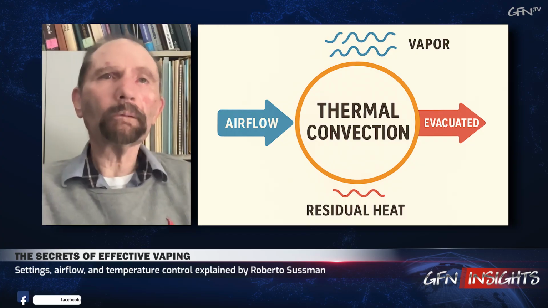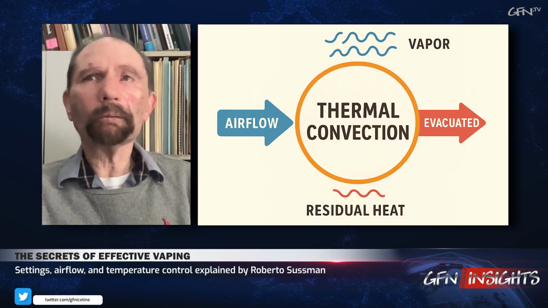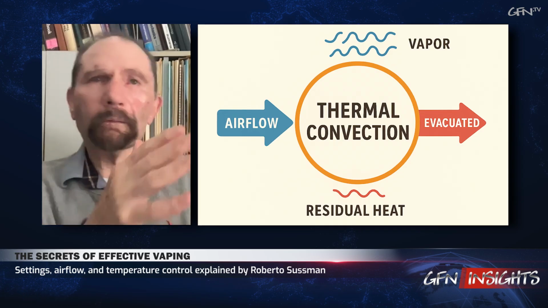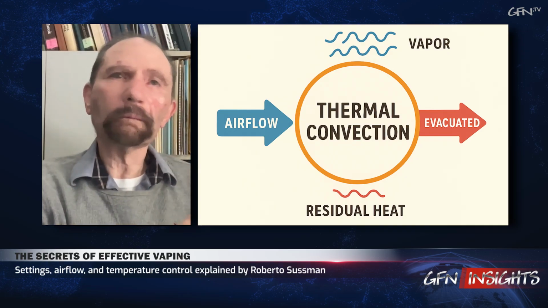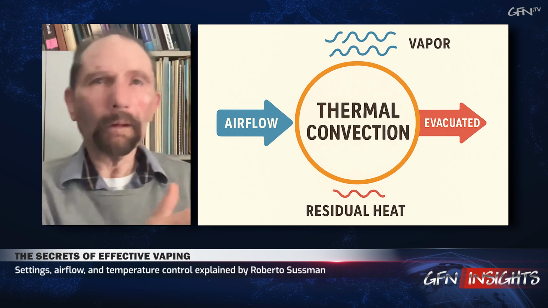If you supply a lot of power, then you also need a lot of airflow to evacuate and condense this vapor and form the aerosol. You need to move it, and this is the airflow. It is important. It is a key ingredient of the cycle.